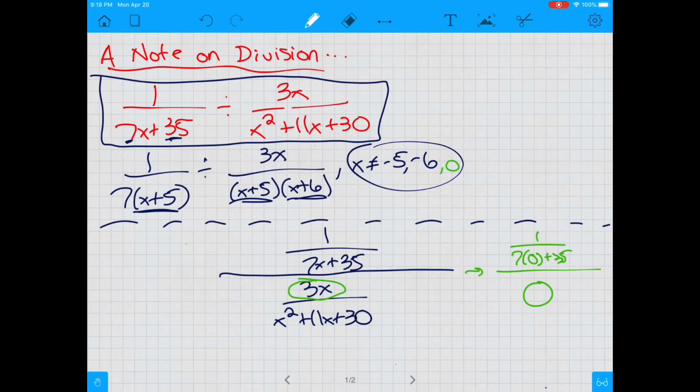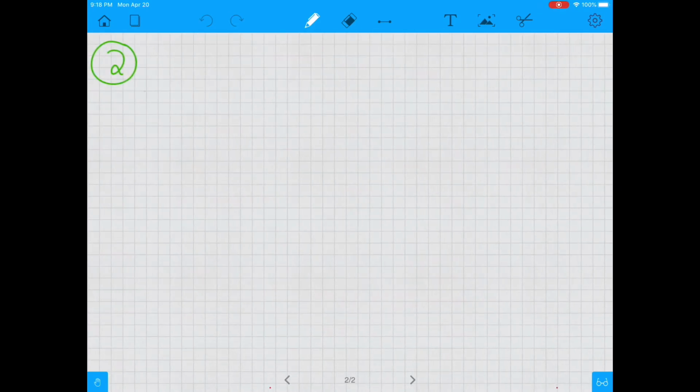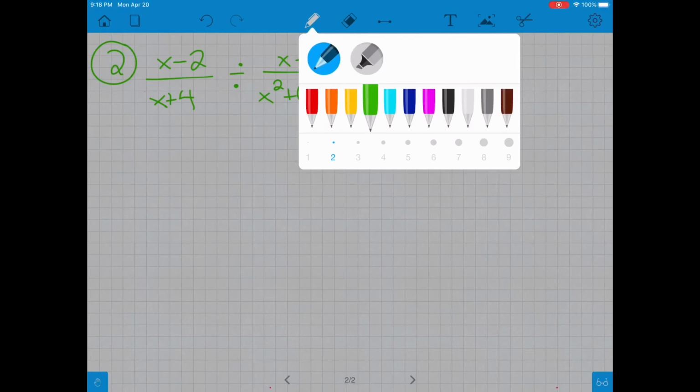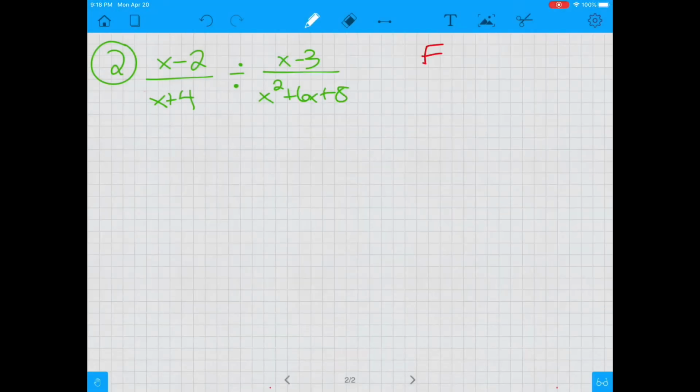In order to explain a little bit more in depth what is the easy way to find all of these things, it's pretty straightforward. If I have an example here, let's say we've got x minus 2 over x plus 4 divided by x minus 3 over x squared plus 6x plus 8. Where am I going to look to find my excluded values? You're going to look in 3 places.